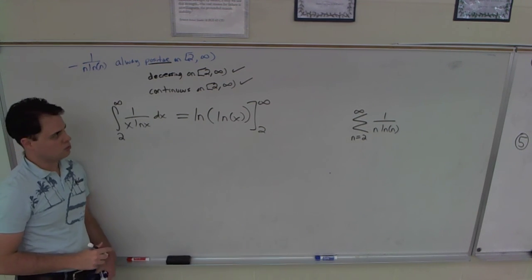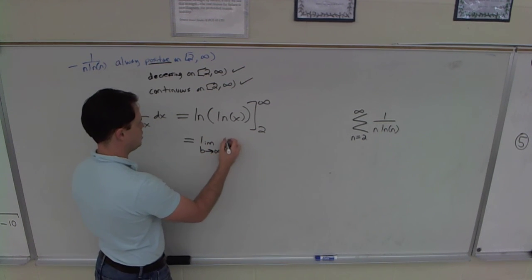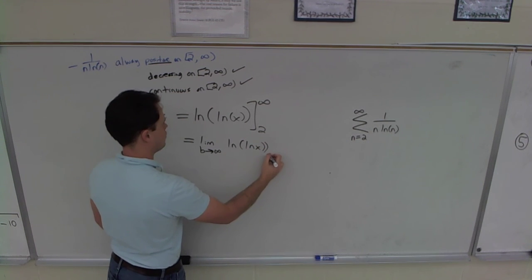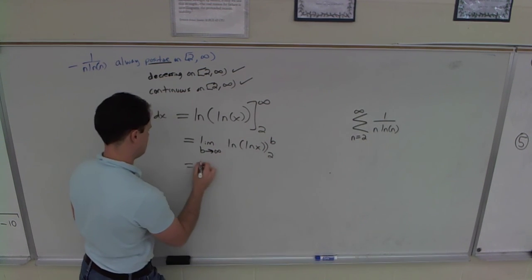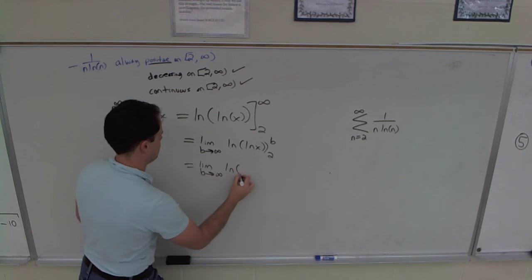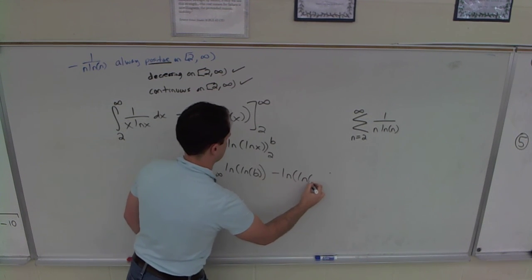There we go. So, it's going to be equal to the limit as b approaches infinity of the natural log of the natural log from 2 to b, which is going to be the limit as b approaches infinity of the natural log of b minus the natural log of the natural log of 2.